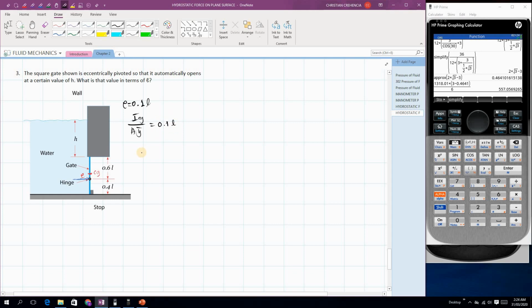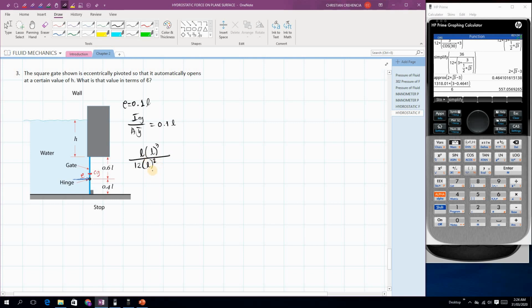Okay, then yung ating moment of inertia is bh cubed over 12. So b natin is L, perpendicular dito dahil nga square yan. H natin is L din, L cube over 12. Area natin is L squared, dahil nga square.